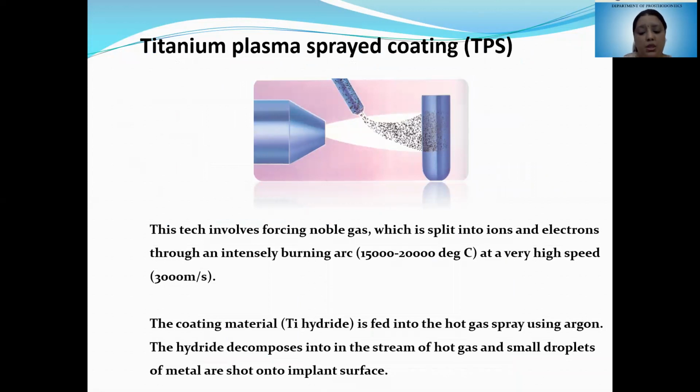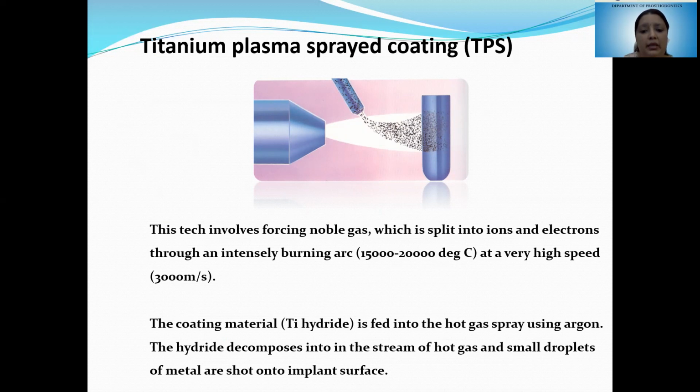One of the most commonly used surface modification is the titanium plasma sprayed coating, also known as the TPS coating. This technique involves forcing noble gas, which is usually argon. This gas is split into electrons by passing it through an intensely burning arc at a very high speed.